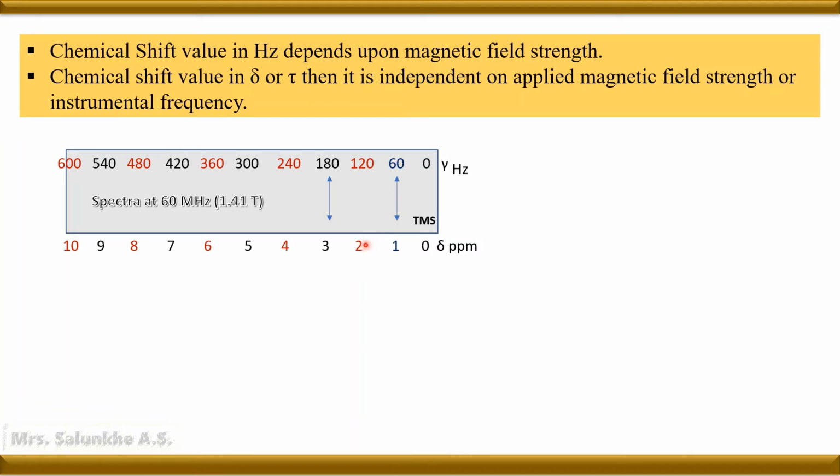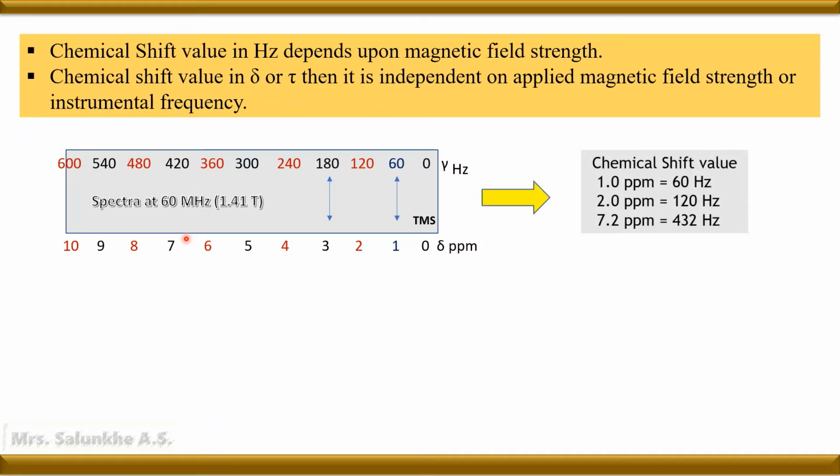Similarly, 2 ppm corresponds to 120 Hertz, 3 ppm corresponds to 180 Hertz. Suppose the chemical shift value is 7, then it corresponds to 420 Hertz.